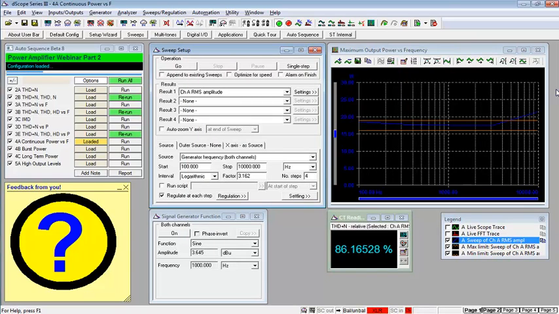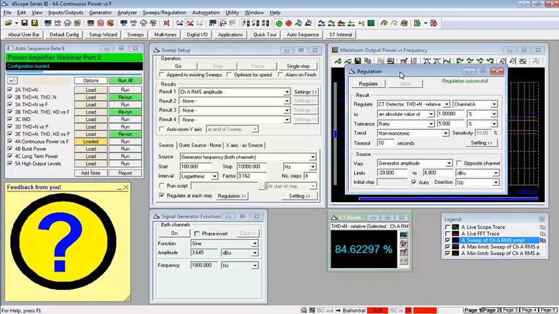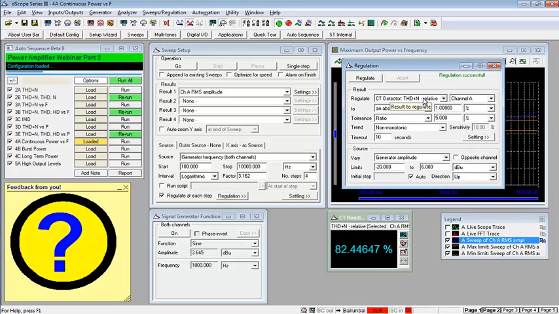So what we're measuring at the moment, remember, is THD plus N, so total harmonic distortion plus noise, and in this test we are starting at low frequency, moving up to high frequency, and at every frequency in this sweep, I have a checkbox checked saying that we want to regulate at every sweep step. What does that mean? Well, it means we are running an algorithm to automatically seek out the point where this reading, THD plus N, reaches our value of 1%.